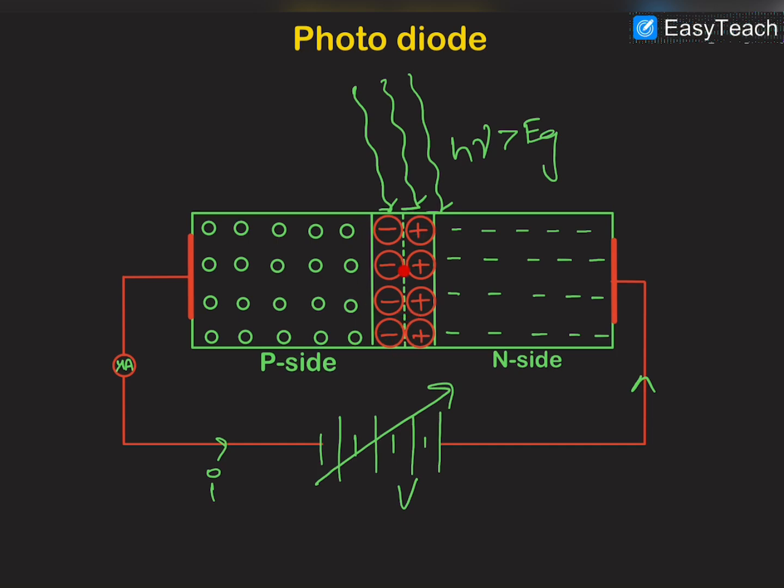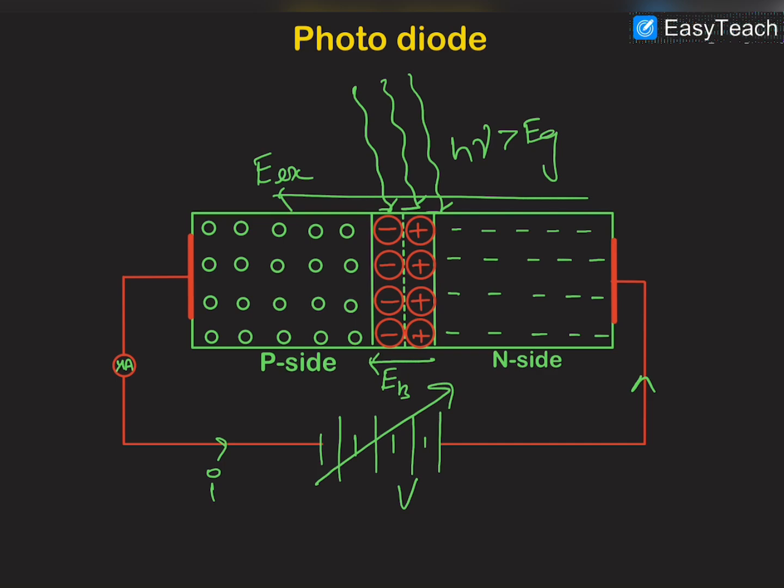You can see that the barrier electric field is like that, and the external electric field which we have applied by this battery is also in the reverse direction. So the electron hole pairs generated in the depletion region are separated, which means that the holes are pushed towards the P side and electrons are pushed towards the N side.